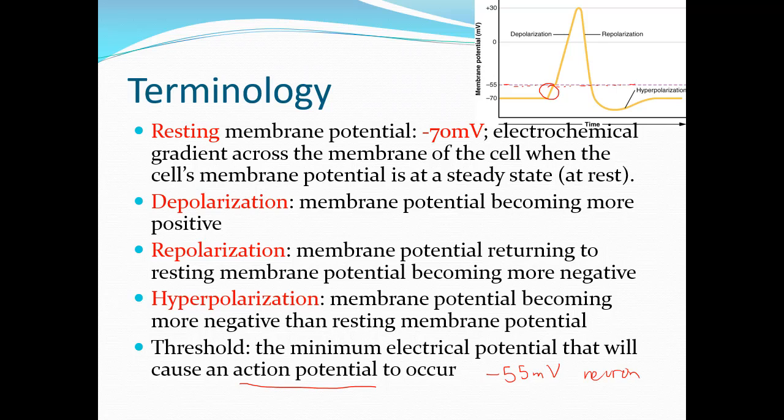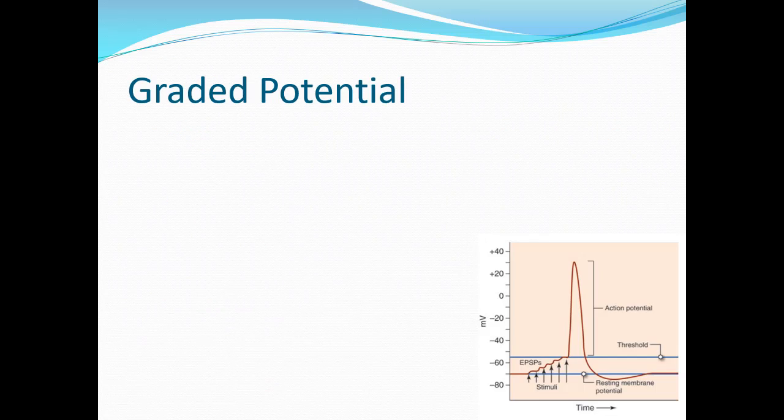This part here shows you its resting membrane potential at negative 70 millivolts. Then we depolarize it, making it more positive until we get to negative 55 millivolts. That's threshold. Once it hits negative 55 millivolts, it's going to cause an action potential to occur. Next, we'll be talking about graded potential, but we'll cover that next time.